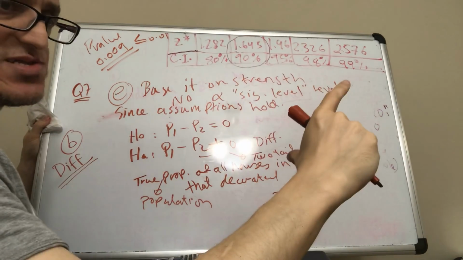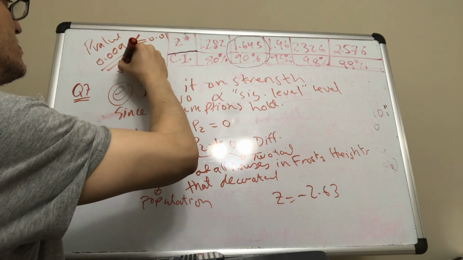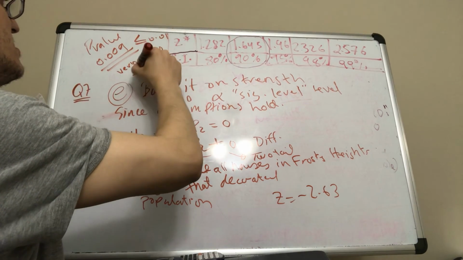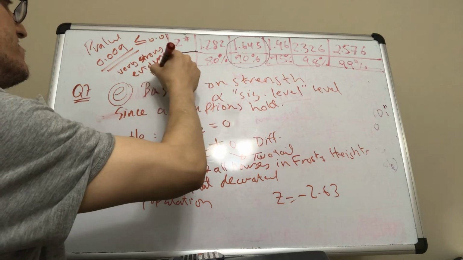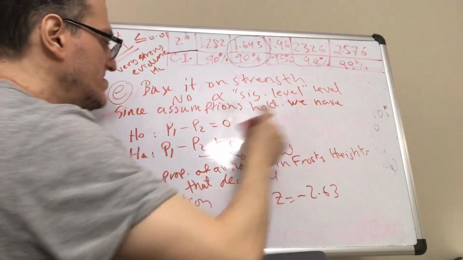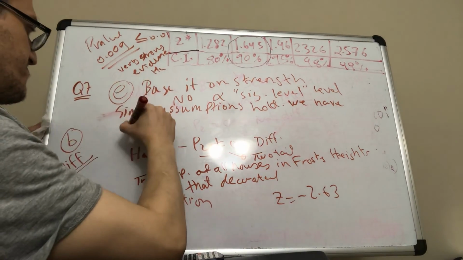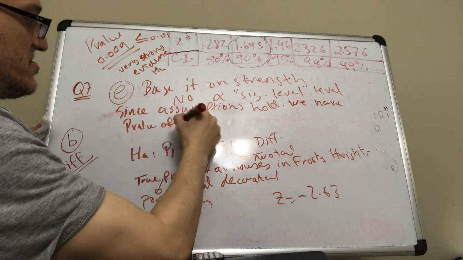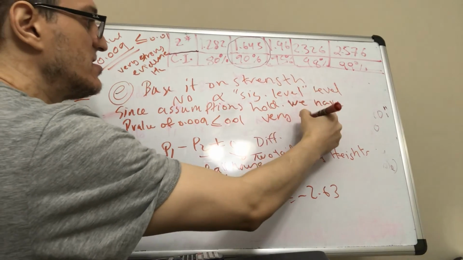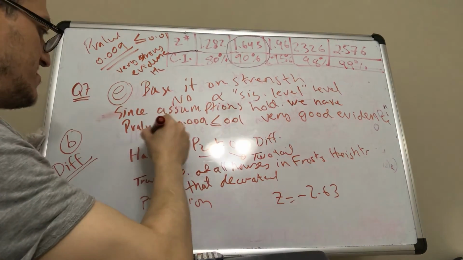And that sheet that I told you about, strength and significance, this one would be very strong evidence to support HA. So you say we have a p-value of 0.009, less than 1%, very good evidence for HA.